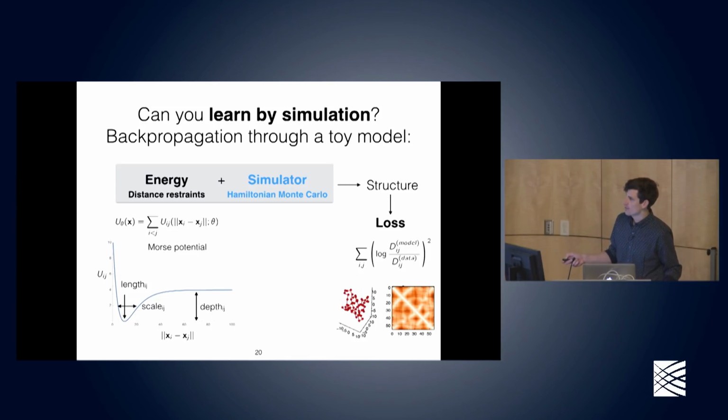So every potential well has three parameters, one of which is basically what distance do I want to be apart, how much do I care, and how much does it cost to not be bound. So those are the three parameters that are being plotted in that matrix: length, scale, and depth.